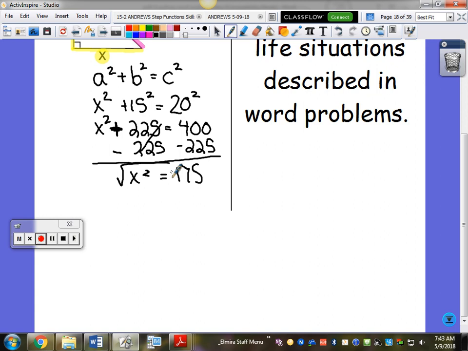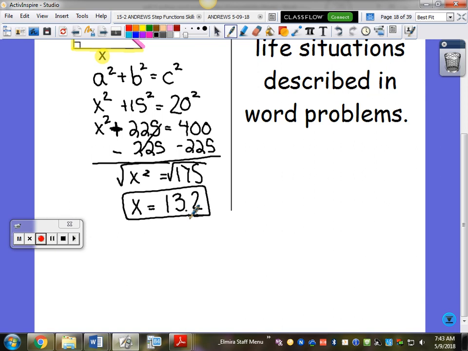And square root both sides. And the square root of 175, I need a calculator for that. 13.2.